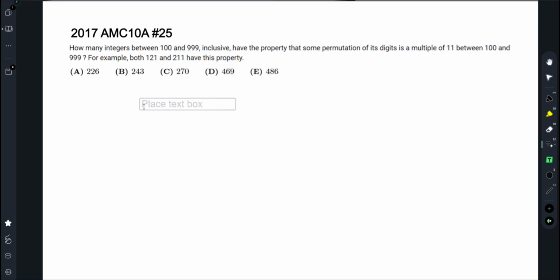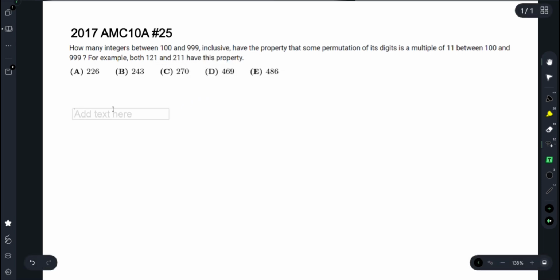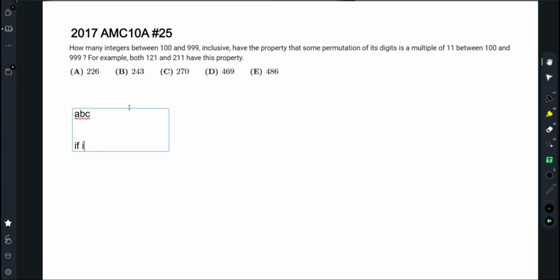So a multiple of 11 that has 3 digits has a property that, well, okay, so let's say the 3-digit number is A, B, C. Well, then if it's a multiple of 11, then A minus B plus C is equal to 0 or 11.